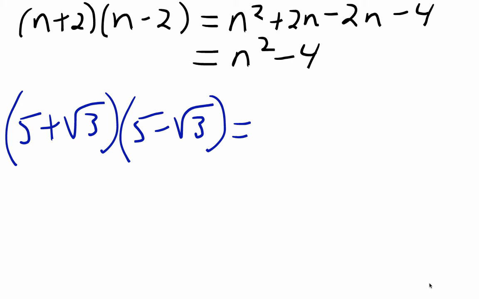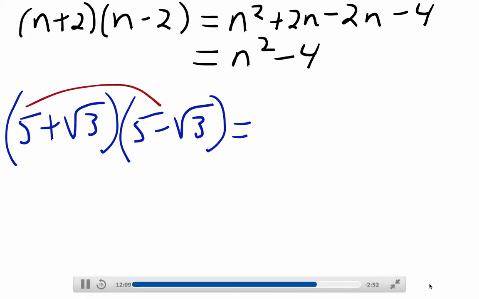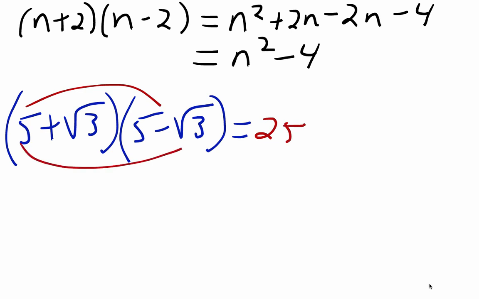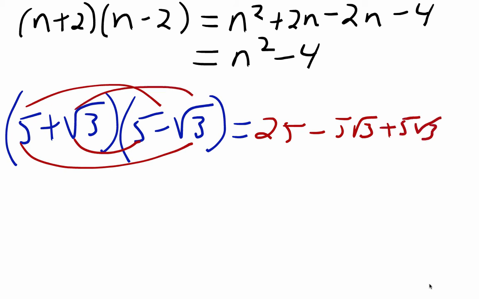If I FOIL these, first, outer, inner, last, I'd have 5 times 5, which is 25. That times that would be minus 5 square root of 3. That times that would be plus 5 square root of 3. And that times that, square root of 3 times square root of 3, is just 3.